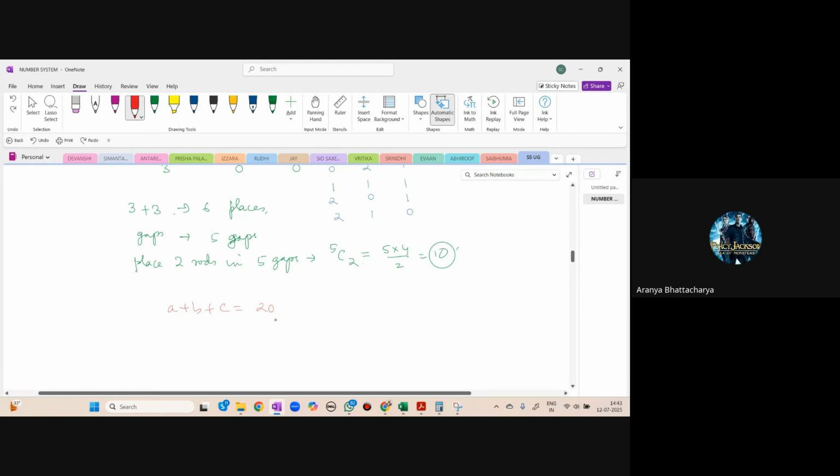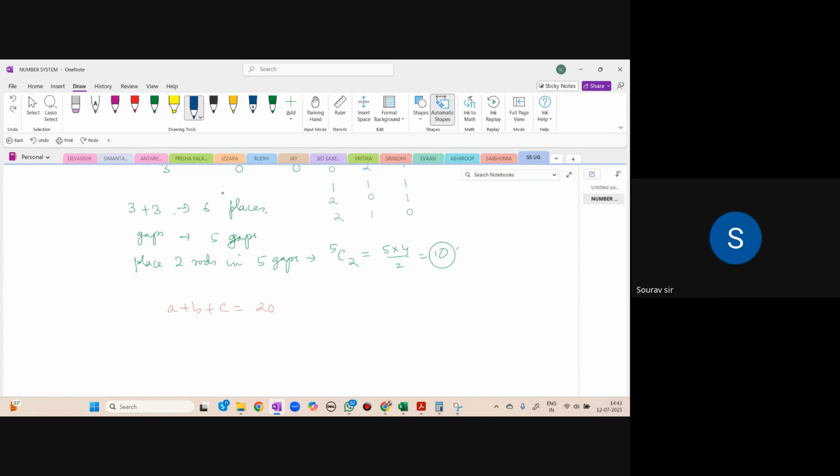Okay. So I have 20, then I add these 3 plus 3, then I need the number of gaps minus 1. I have to divide into 3 places, so I need 2 gaps, or I can write it as 3 minus 1 also.